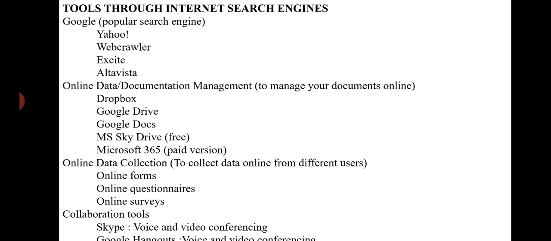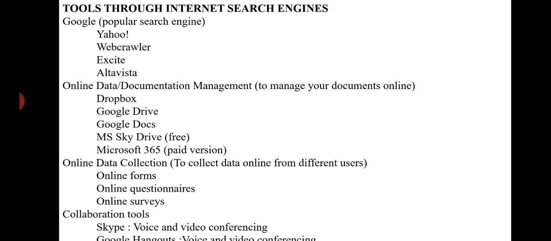Tools through internet search engines, that is Google, which is a very popular search engine, like Yahoo, Excite, Altavista. These are frequently and popularly used search engines.